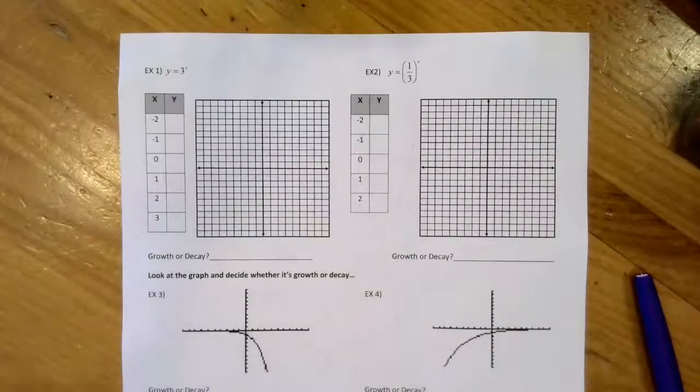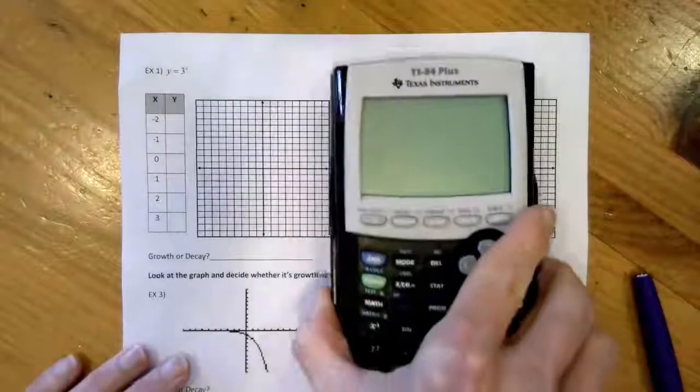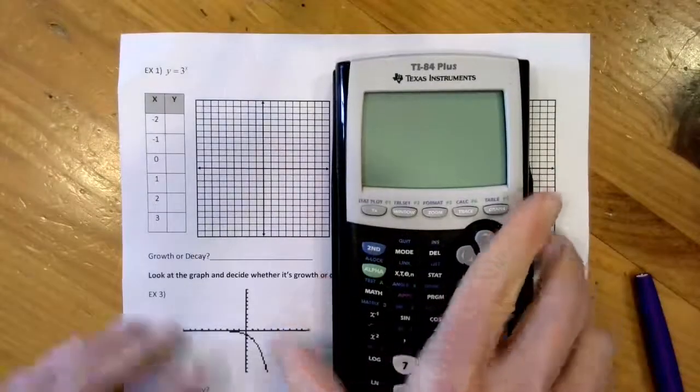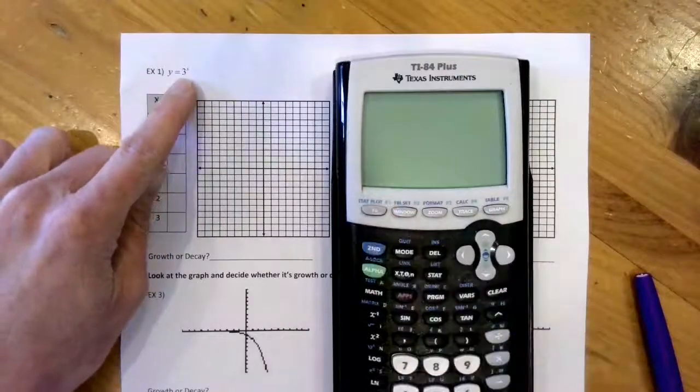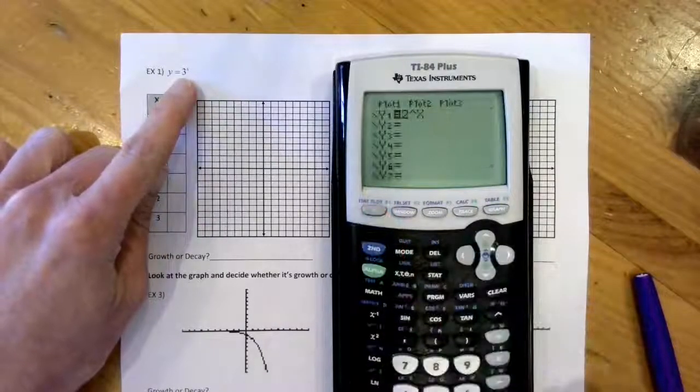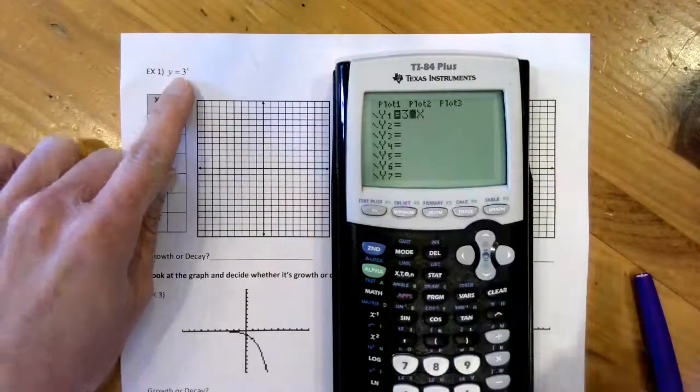All right, so when we flip the note page over, when you look at each of these and consider, I just want you to get your calculator out and let's take a look at each of these stories. So I have here, I'll go to my y is equal to, and I'm going to have 3 to the x power.